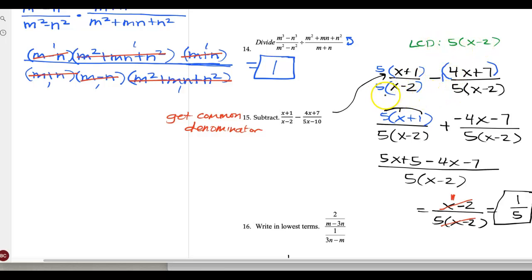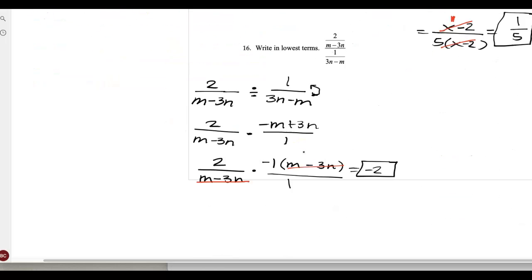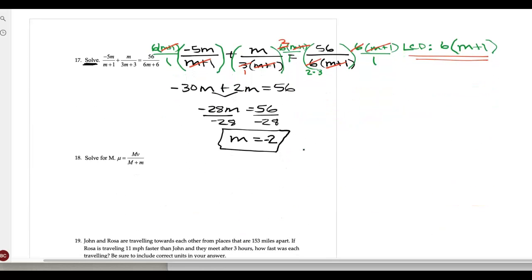We were trying to get the denominators to both look like that. However, when it's an equation and you're solving, this is where we multiply everything by the LCD, and then we can cancel out the terms that are in common and see what's left. That's the biggest difference: is it an equation or not?